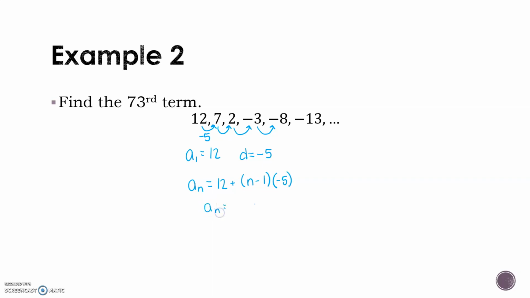I've got a sub n equals 12 plus, I'm going to distribute this negative 5 to everything. And then simplify a little further is going to give me negative 5n plus 17. So there's my formula, and now I can substitute in this 73 as a value.